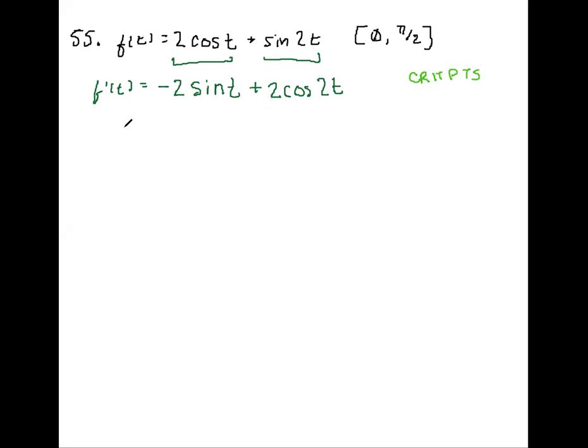Yep, we're going to set it equal to 0. So 0 is equal to, and I can rearrange it a little bit, 2 times cos 2t minus sine t.